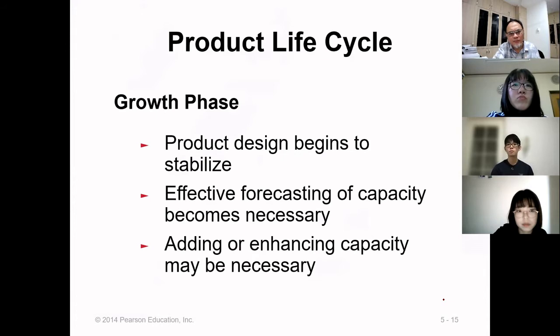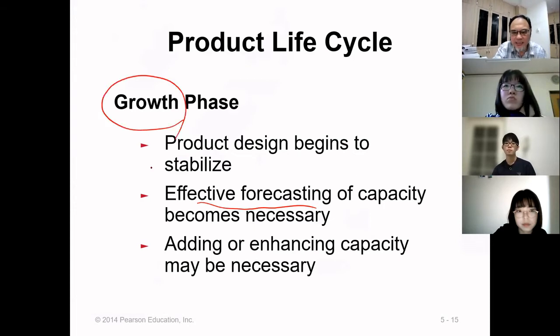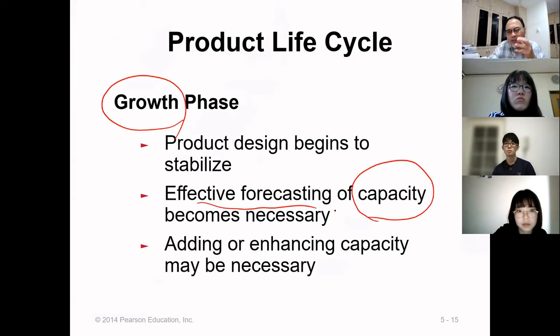In the growth phase, product design becomes stabilized because you already know the problems of the new product. You need effective forecasting, because in the growth stage you always need to think about capacity, the ability to produce.